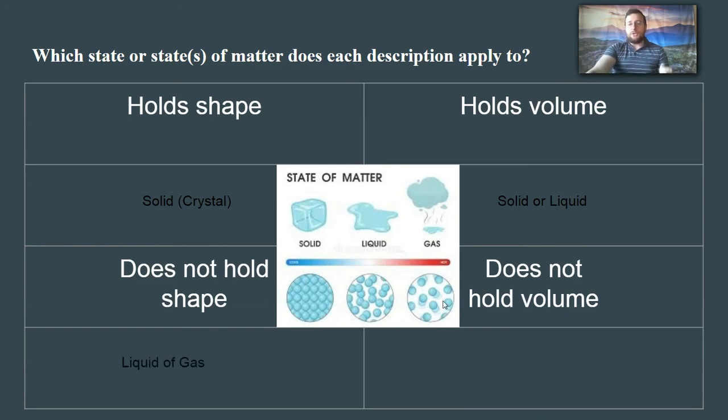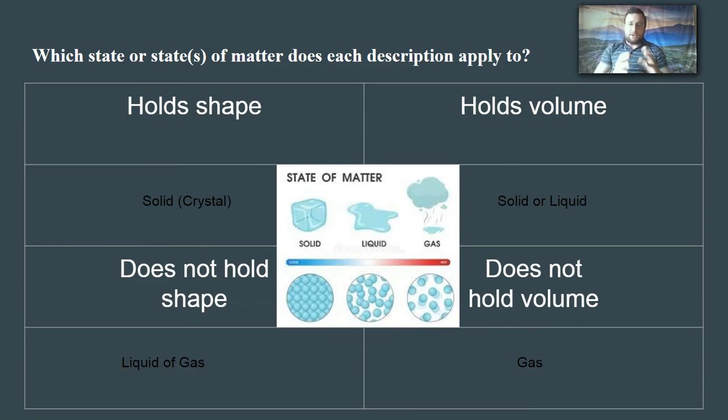gases do not hold their shape, and neither do liquids, right? Meanwhile, gases don't even hold a volume. They just spread out and take the space that they can take up, right? So if there's a room or a container, they will take all of it. They will spread out evenly throughout it. And that, again, has to do with the amount of connection that exists between the molecules and the amount of thermal energy and how much motion the molecules have.